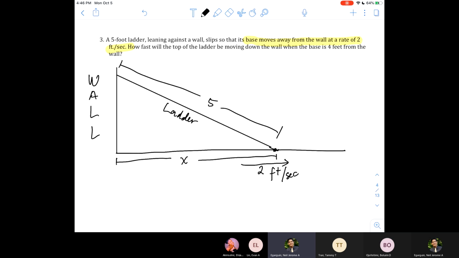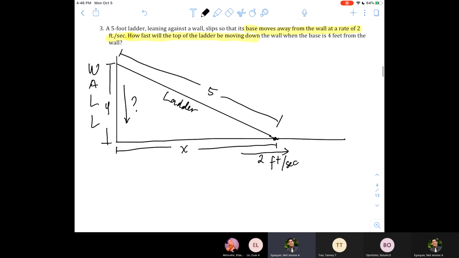And then look at the last sentence. How fast will the top of the ladder be moving down? So basically, we're looking for how fast this is going down, right? So that signals me, oh, I should associate a variable with that quantity. So let me call this length, which is the distance between the top of the ladder and the ground, y.